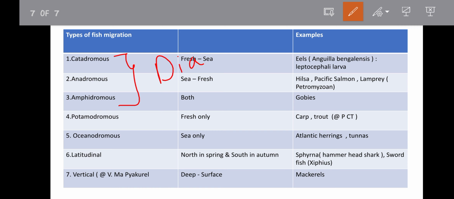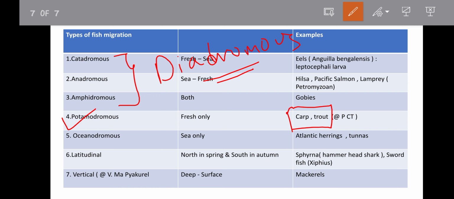Diadromous. Okay, great. Let's move to our next type, that is Potamodromous. These types of fish travel only within the fresh water, and the examples are carp and trout. You can remember it as PCT: P means obviously Potamodromous, C is carp, and T is trout.